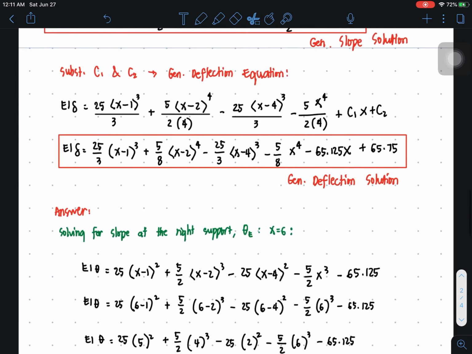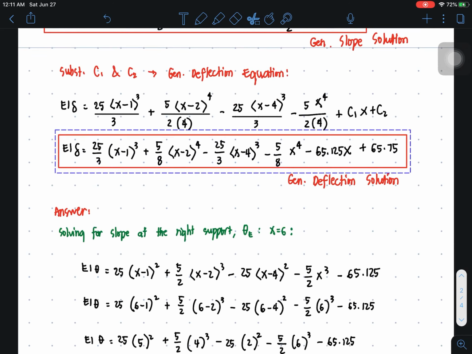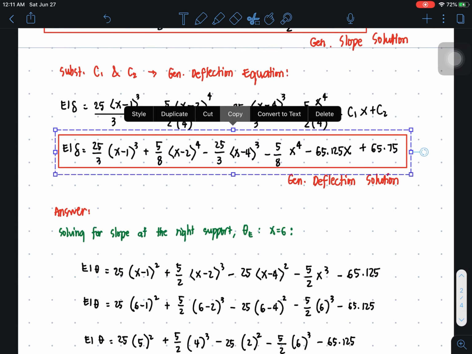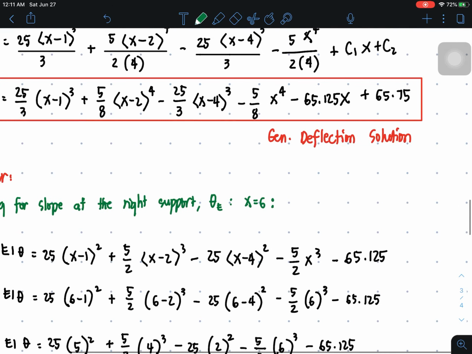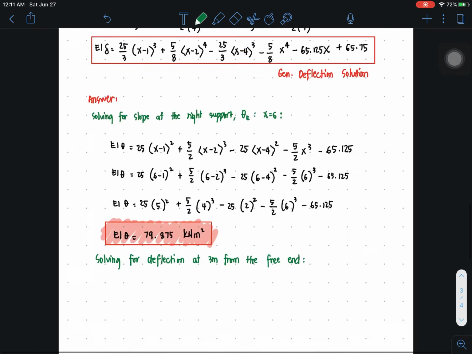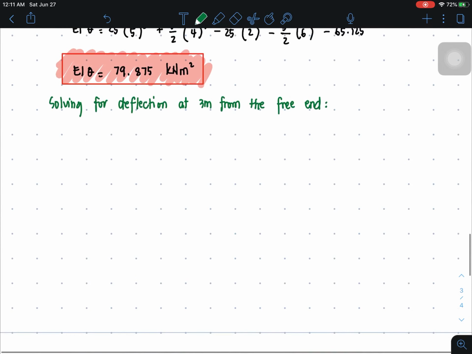So ang buhatan nato kay we're going to copy this equation or solution kay diri man mo govern ang atong answer, because this is the deflection equation. So here atong i-paste.